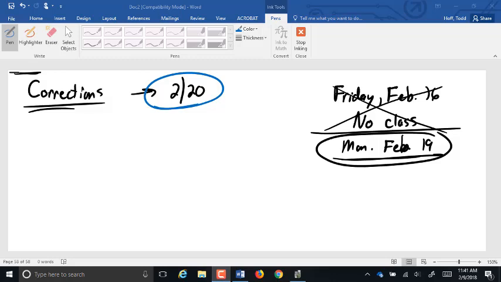We left off last class. We were talking about solving equations, and we want to keep going with that today.